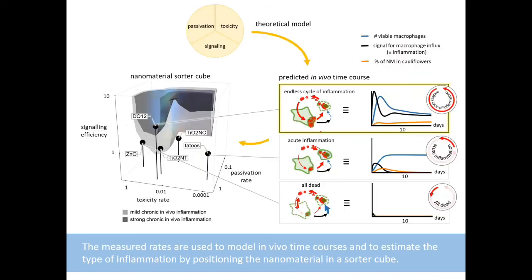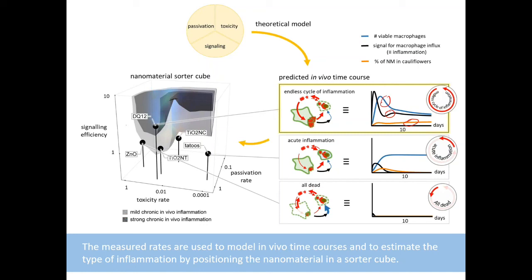And we use those rates and create the simplest possible model to predict in vivo time courses of the passivation of nanomaterial. This is the red course for the signaling, for the recruitment of new macrophages, and for the viable macrophages.